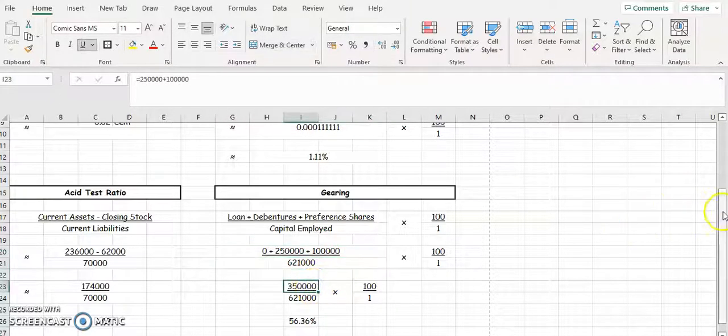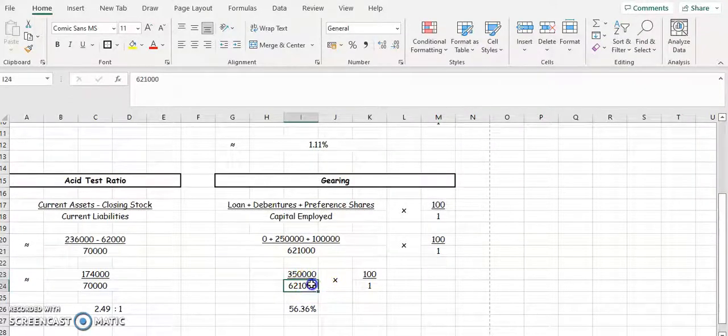So 350,000 divided by 621. So your gearing is going to be 56.36. So anything above 50 is highly geared. Anything below 50 is lowly geared. So the majority of our capital is taken from debt. So our debt capital is higher than our equity capital.